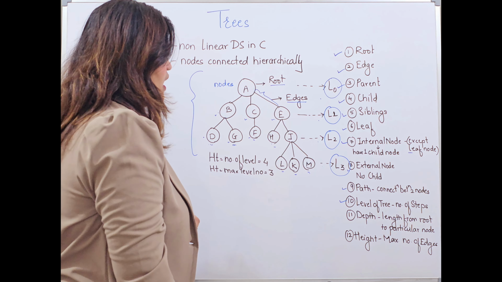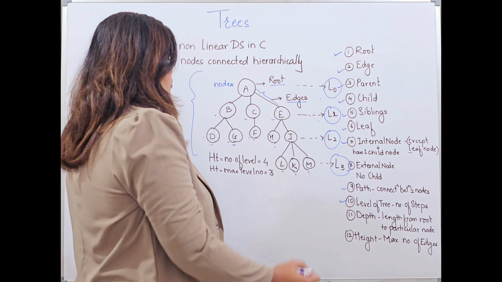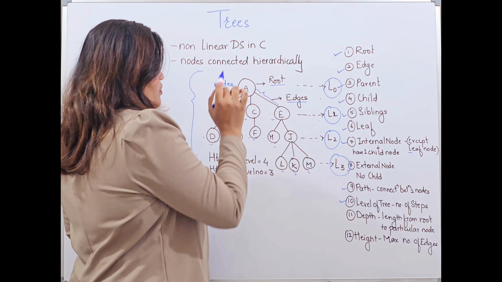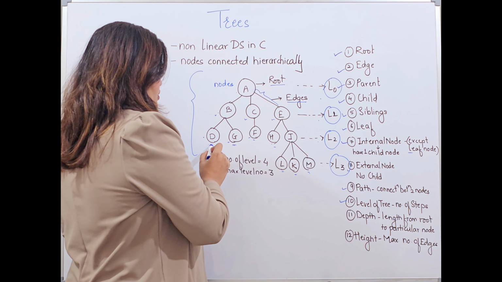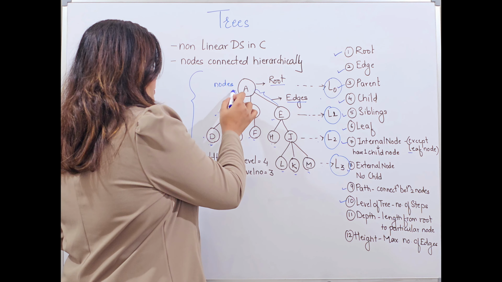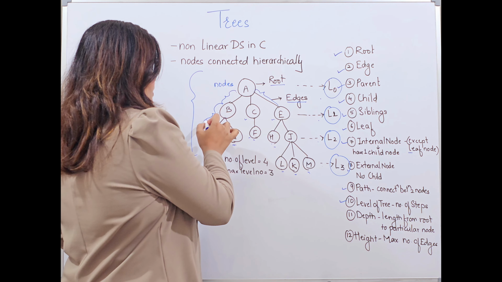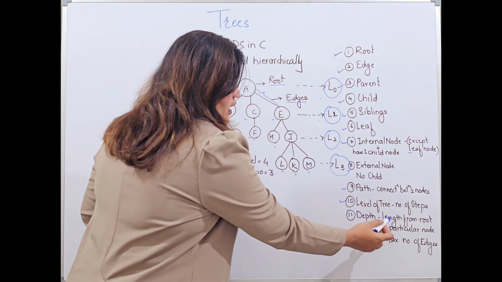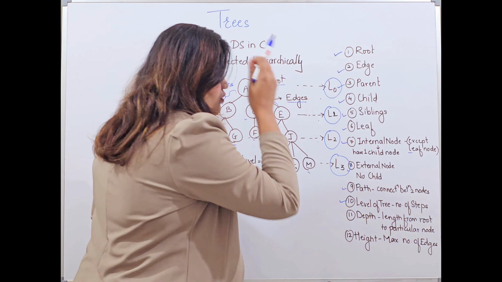Next you have depth of a tree. Depth of a tree is the length from the root till the particular node. Now suppose in this case I am trying to reach the D node. So its depth would be what? From A to B and from B to D. That is the depth. Depth talks about length from root to the particular node.